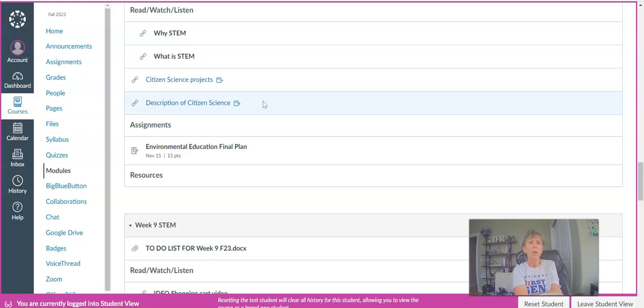For example, one of them might be tracking the migration of monarch butterflies. They get information and training on how to participate and what data you need to collect. So you're watching for monarch butterflies, looking for signs that they're migrating, and your data is then entered into a huge database that sometimes includes data from all over the world.